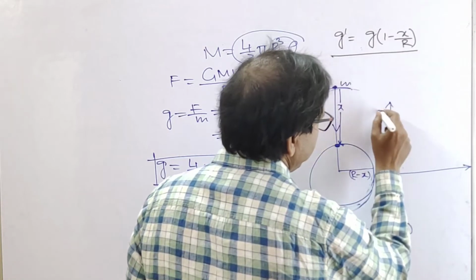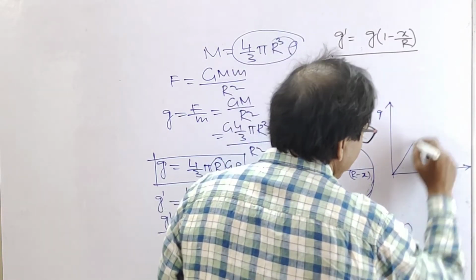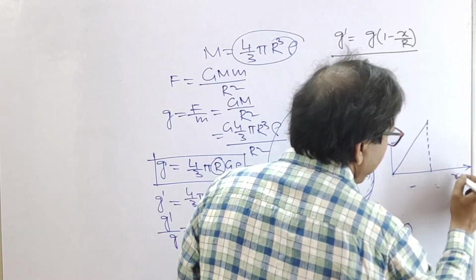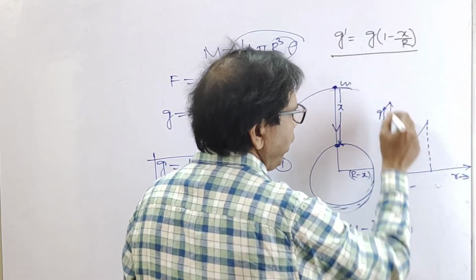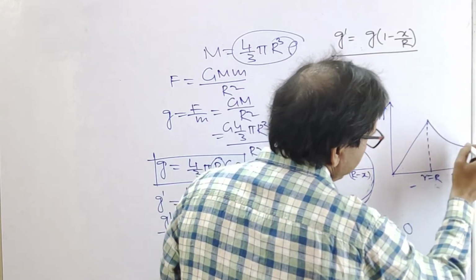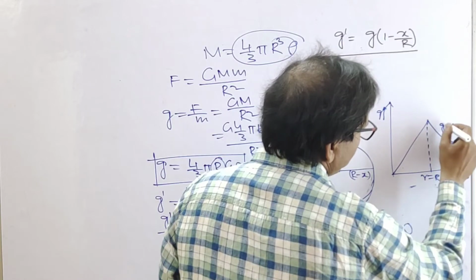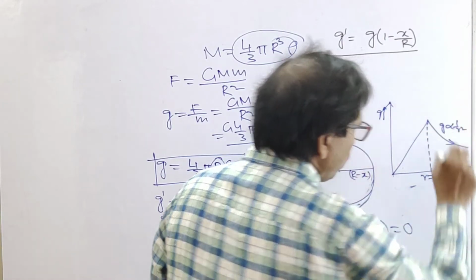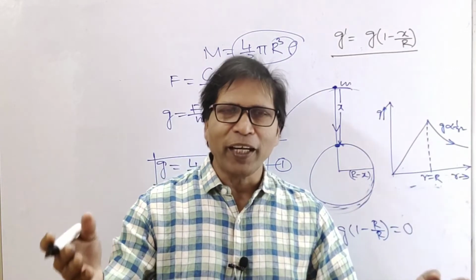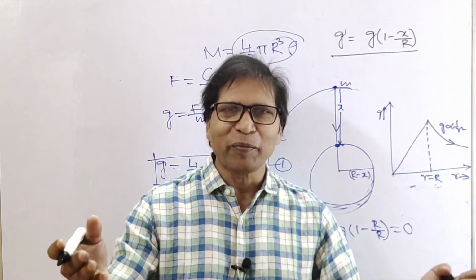This is the graph between g and distance, this is R and this is g. Outside the earth, g is proportional to 1 by R square. So outside the earth, g is inversely proportional to the square of the distance from the center of the earth.